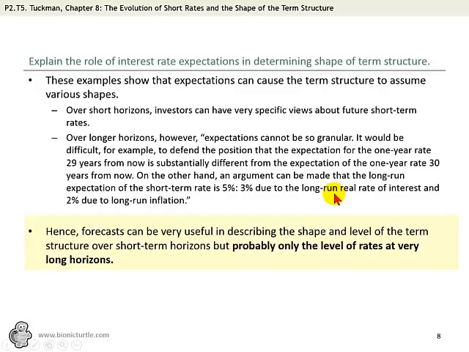Those examples show that these expectations can serve to change the shape of the term structure, or put another way, we can look at the term structure under pure expectations and infer from the forward rates what the expected future spot rates are. But the key assumption is that the forward rates embedded in the term structure are equal to the expected future spot rates.